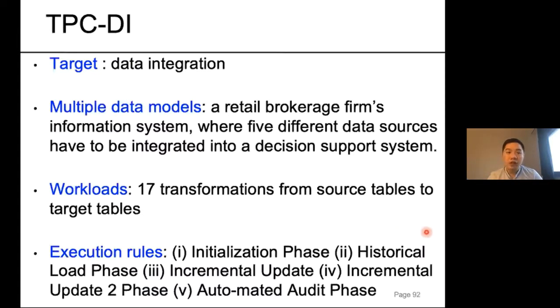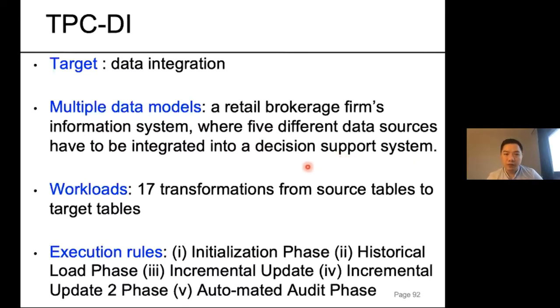First of all, the TPCx-DI targets data integration systems, and it has multiple data models, which simulates a retail brokerage firm's information systems, where 5 different data sources have to be integrated into a decision support system.